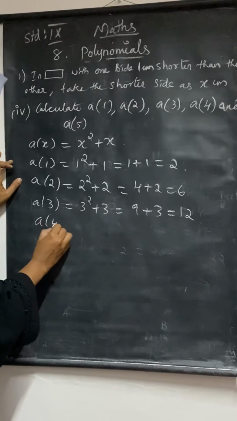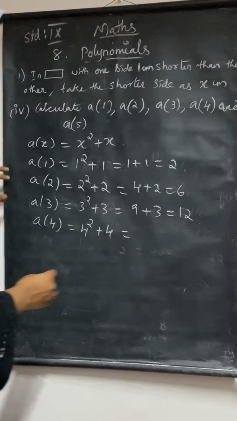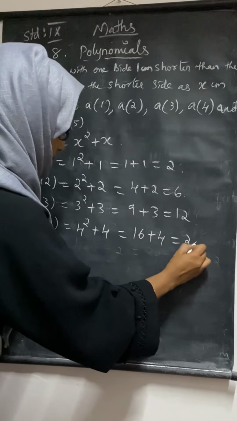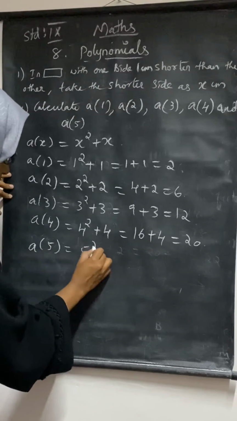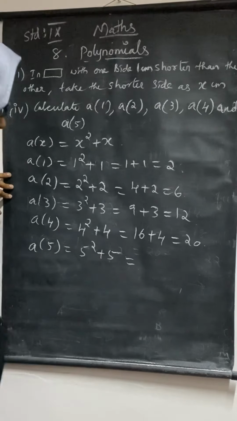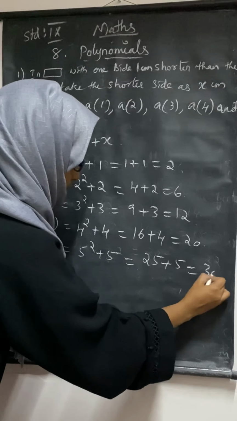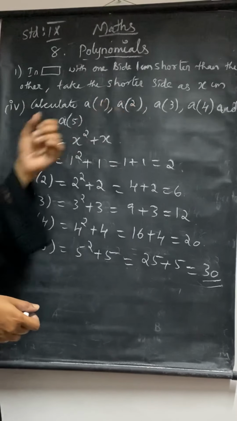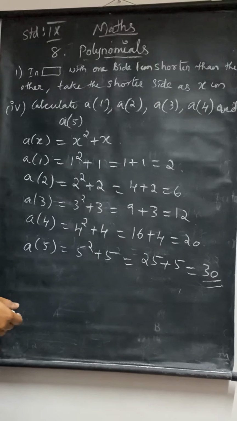A of 4, 4 square plus 4. 4 square means 4 4s are 16 plus 4, 20. A of 5, last, a of 5 is equal to 5 square plus 5. 5 square is 25 plus 5. 25 plus 5 is 30. So this is the way. So whenever the number you have to substitute for the x, wherever you have x, there all you have to substitute and find out the value.